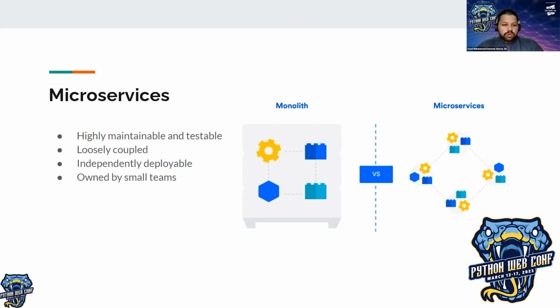And as time goes on, that application will grow in size, in terms of code and in terms of people as well. The monolith approach works really well for starting an application, but when an application grows and expands, it tends to get into issues of maintenance, testability, and deployment.